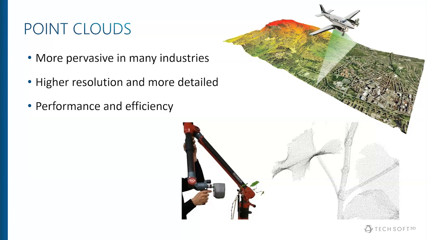We need to be able to handle many more points than we used to, efficiently and with the right level of performance. Some consumer devices like phones are coming out with small LiDAR scanners that can produce point clouds, so they really are becoming more common in everyday life.